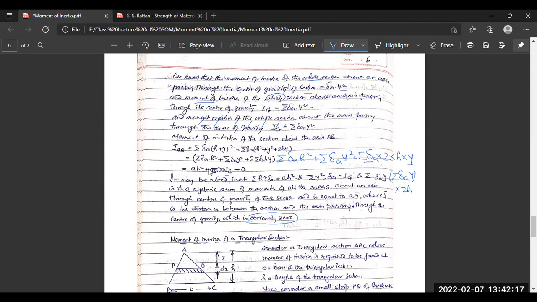Y bar is the distance between the section and the axis under consideration. But the axis is through the center of gravity, so it becomes equal to 0.